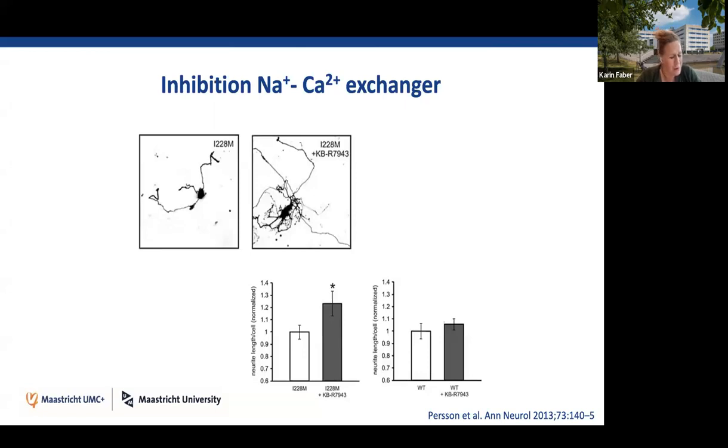Following 3 days of treatment, transfected neurons exhibited substantially longer neurites compared to untreated cells. So therefore, the sodium channel mutations may lead to reduced axonal integrity, and in vitro, this may be prevented by treatment, either by blocking these sodium channels or by influencing the harmful calcium influx.